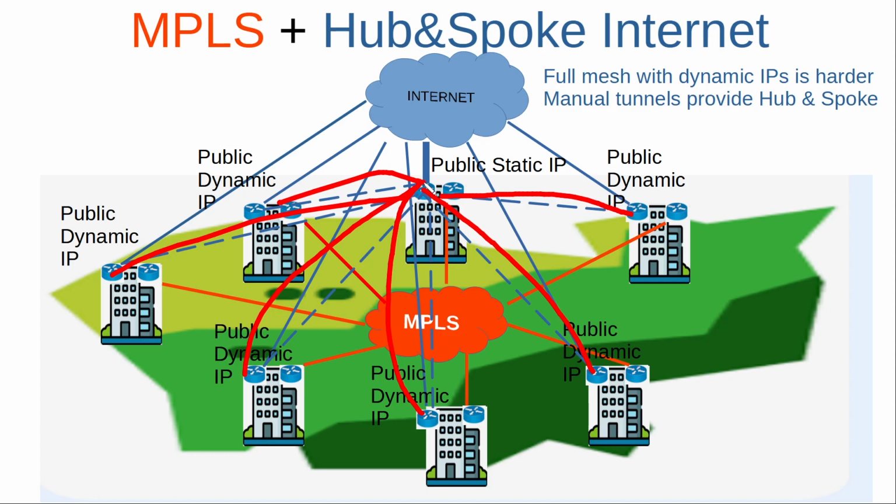You could enable full mesh, but it was somewhat difficult because these IP addresses were dynamic, and you needed to enable other features and services to make this possible. Still, you would need to manually create your IPsec tunnels, so you would be creating dozens and dozens of tunnels, which is not feasible or recommended.